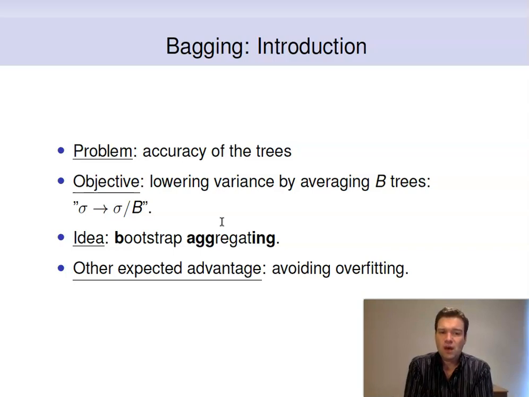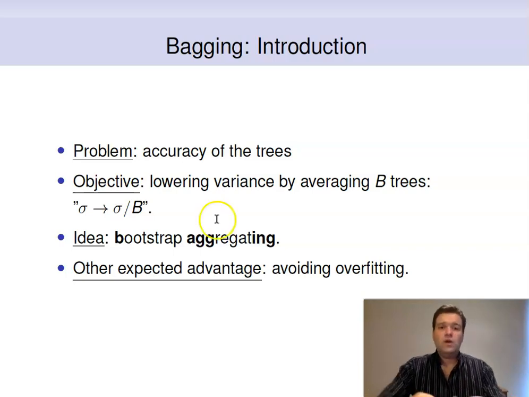This advantage is to say, okay, when we average, we should avoid overfitting. That also means that in the trees, if you remember well, we used a, let's say, complicated method to remove overfitting in a single tree. We were trying to avoid overfitting by pruning the trees. That means here that maybe we are able to avoid pruning the trees. That's what we are going to do, because the process of averaging, we hope, will compensate the pruning effect.